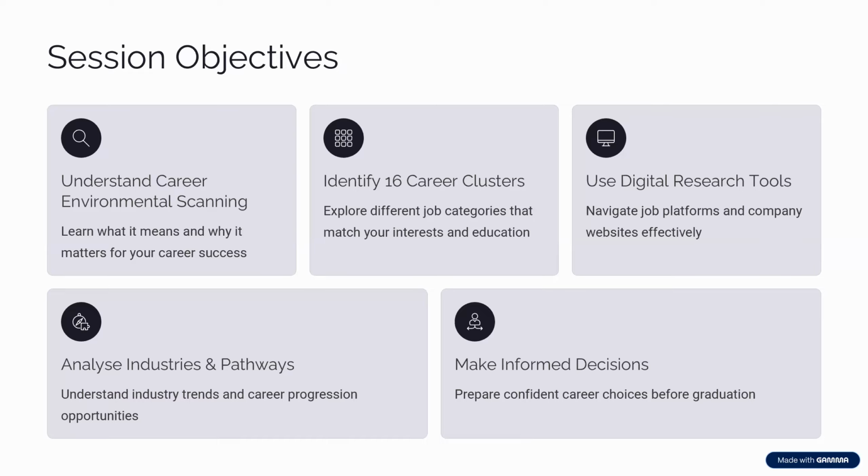We're also going to do an analysis of industries and pathways, so we're going to understand industry trends and career progression opportunities. And then we are also going to discuss how you can make informed decisions when it comes to career choices before graduation.